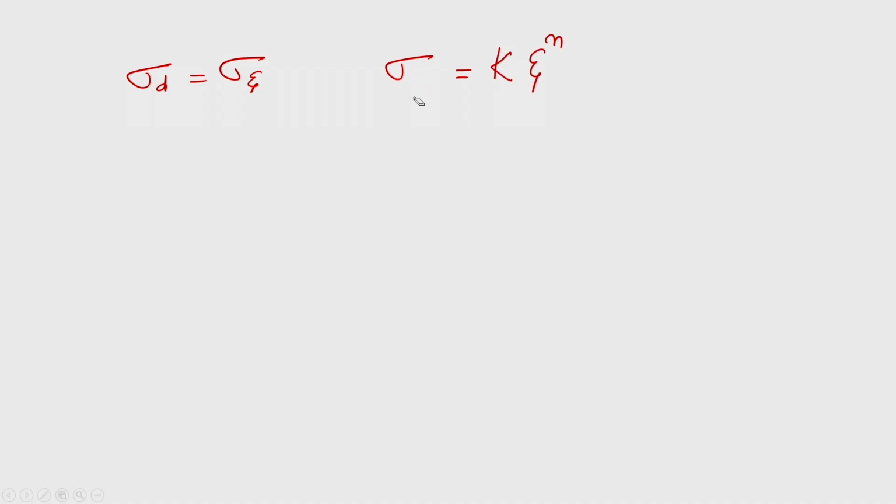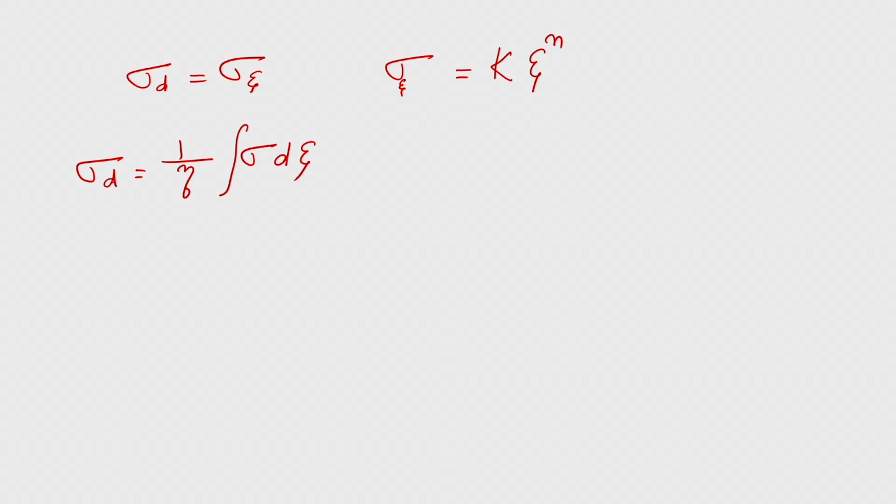So, sigma d is equal to 1 by eta, the efficiency factor, into the integral of sigma d epsilon, that is 1 by eta into the integral of k epsilon raised to n d epsilon. From this equation you will get it.